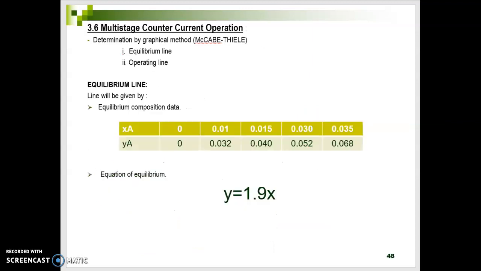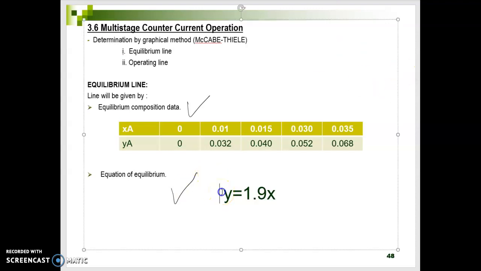So the first thing is, in order for you to answer the question, usually they will be giving you the data for the equilibrium line, whether you obtain it from the equilibrium composition data here, or you need to use the equations of the equilibrium.